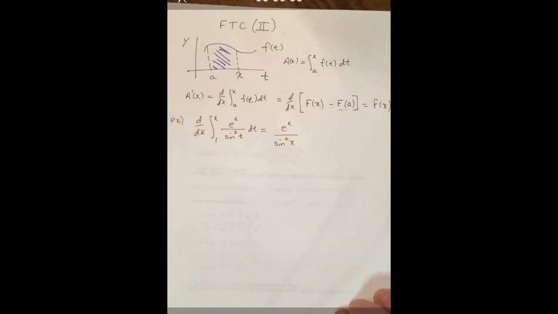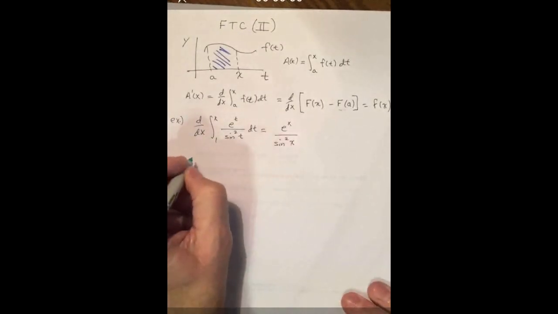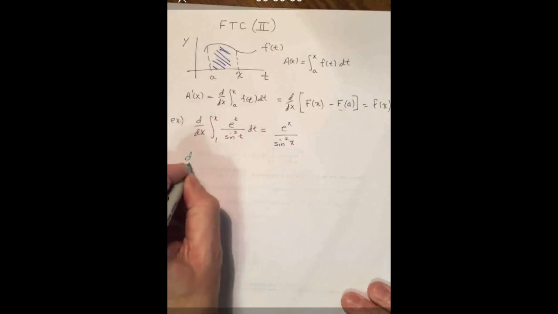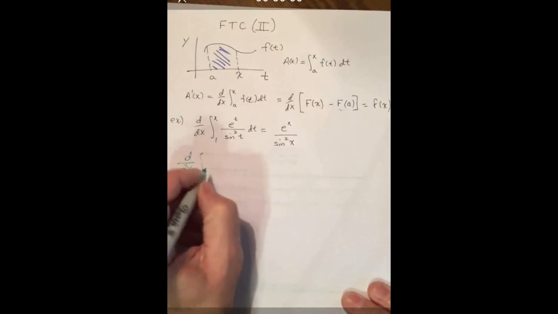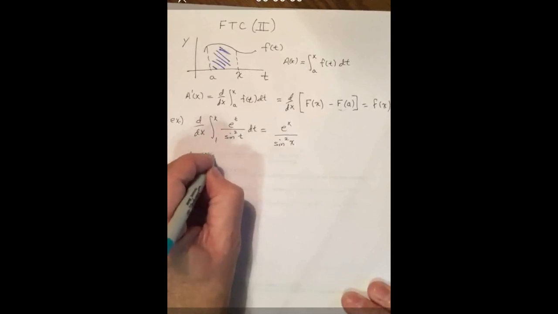Now, the question is, can we do better than this? Well, the answer is, of course, we can always do better. So what happens if we want to find the derivative of this, where the upper limit is some function other than x?